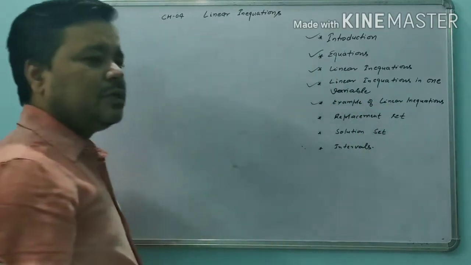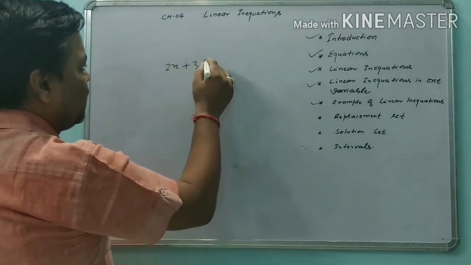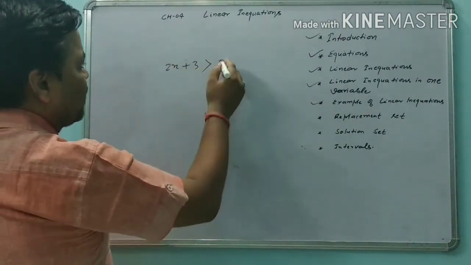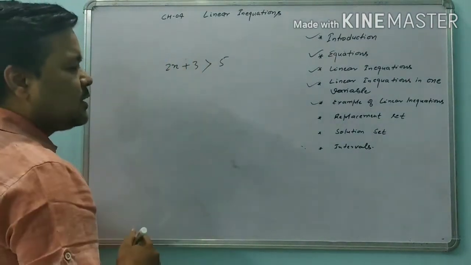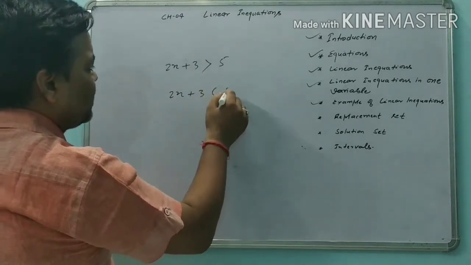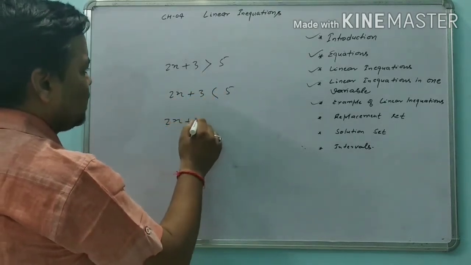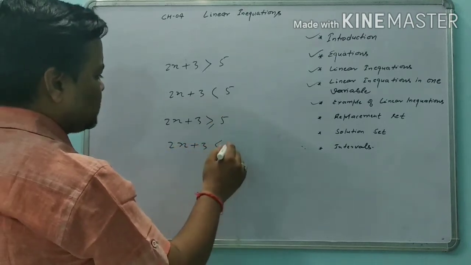Now if we give examples of linear inequations in one variable, we can write 2x plus 3 greater than 5, or 2x plus 3 less than 5, or 2x plus 3 greater than or equal to 5, or 2x plus 3 less than or equal to 5.